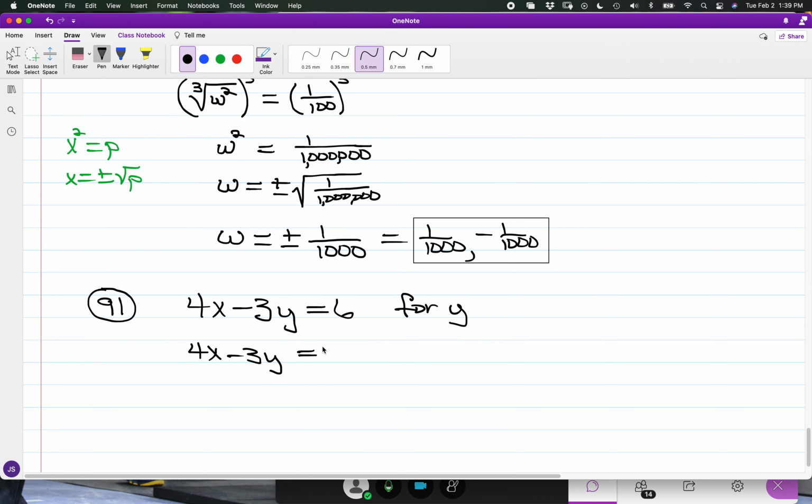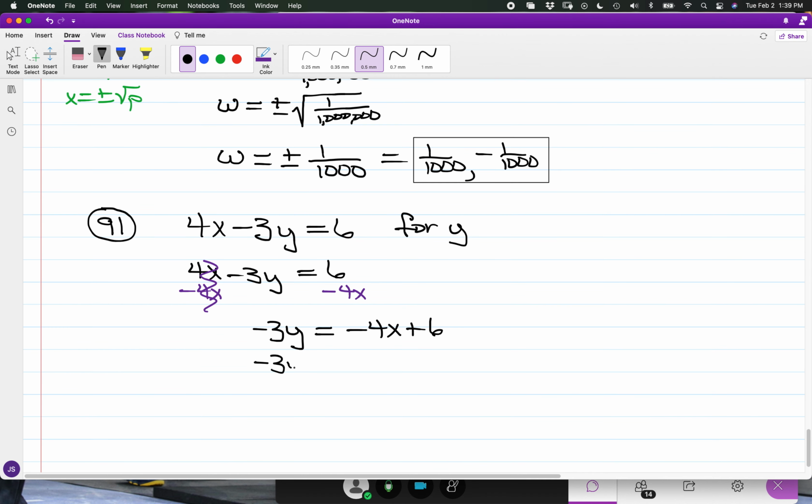So for 4x minus 3y equals 6, what I can do is isolate the y term. So that means I can move the x term to the other end. So by itself on the left, I have negative 3y. And it doesn't matter what order you place the terms. We'll say we have negative 4x plus 6.